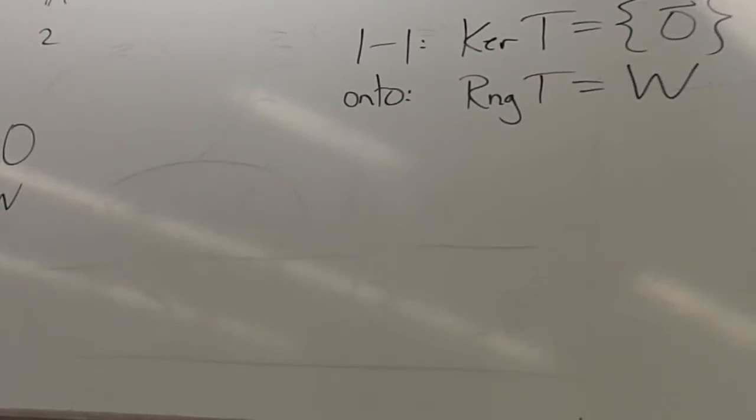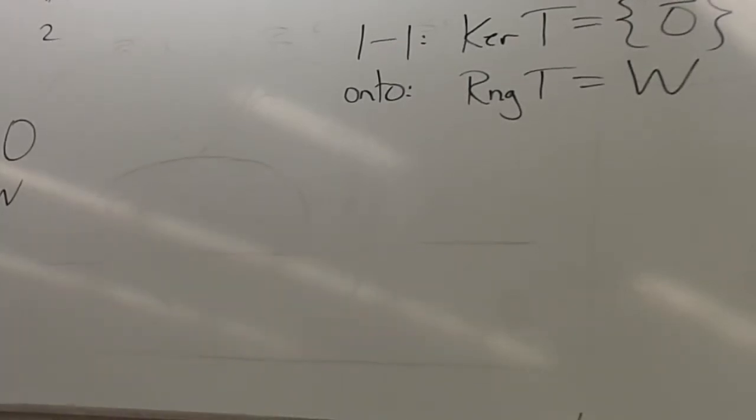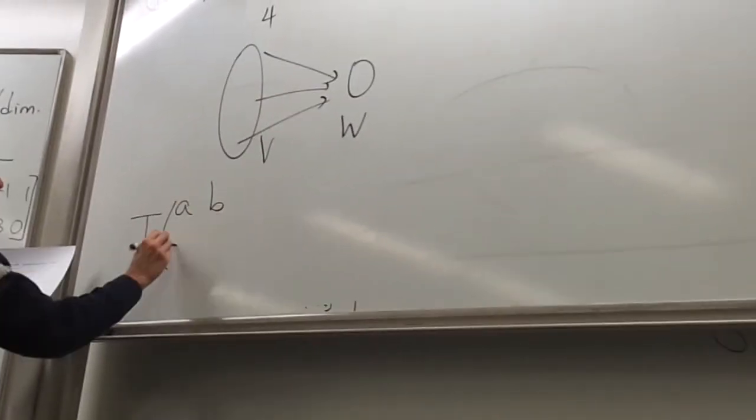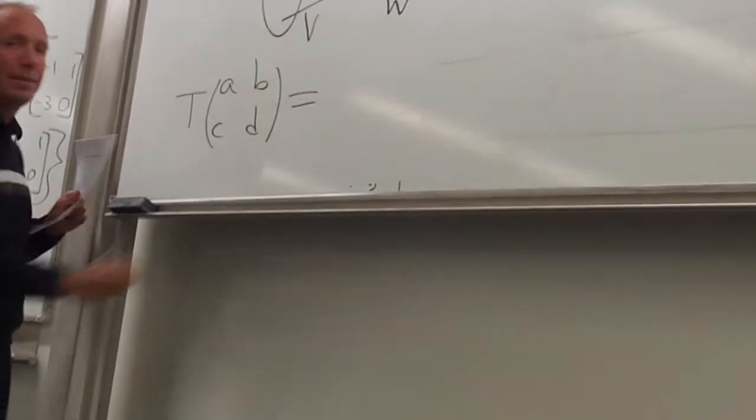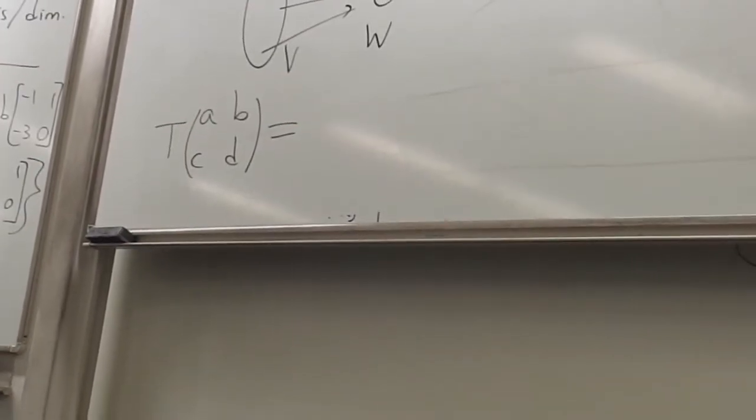Okay, so now we can't really do a whole lot else until I actually give you the formula. I have not given you a formula yet, so let me put that here. T of A, B, C, D. Let's say I take a matrix like that.